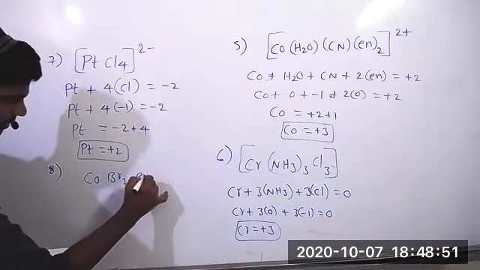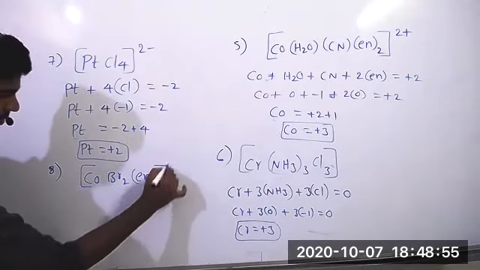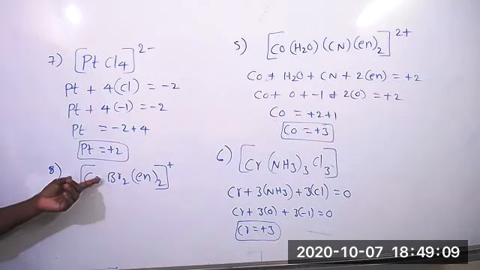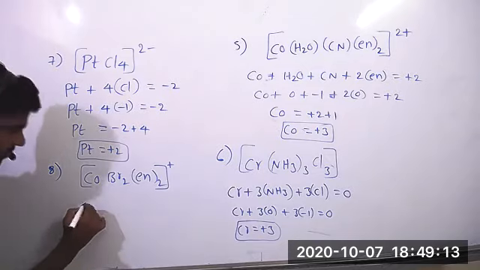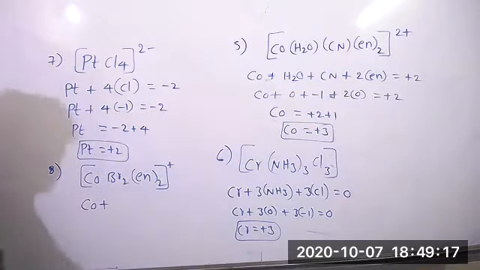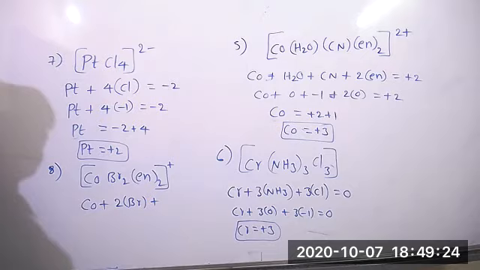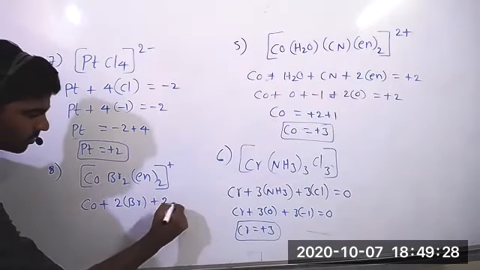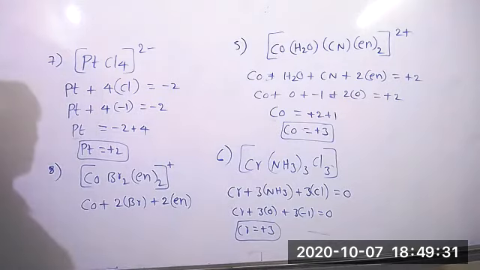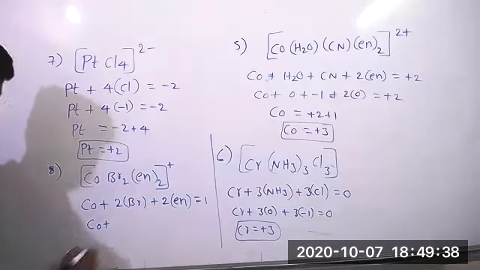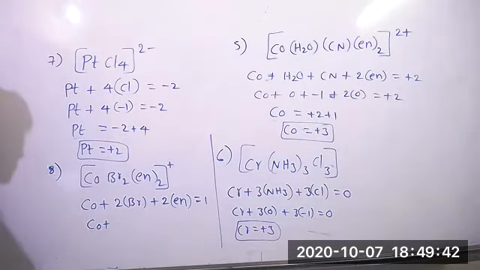CoBr2 en twice, plus 1. Tell me how to calculate this. Co plus 2 Br, plus 2 en equals 1.